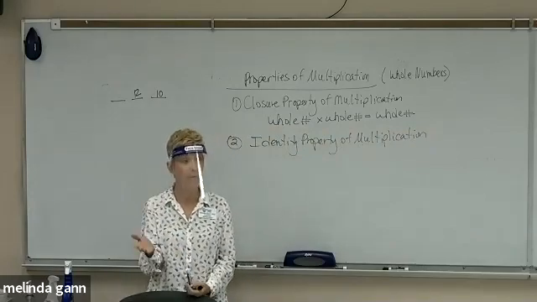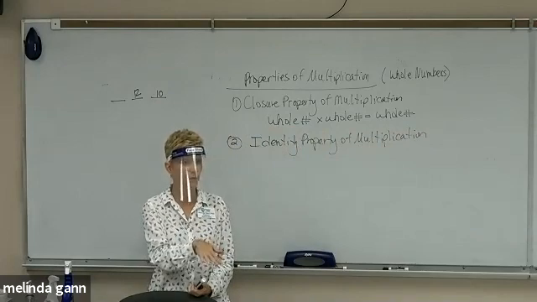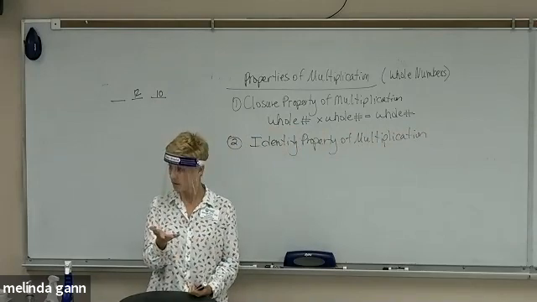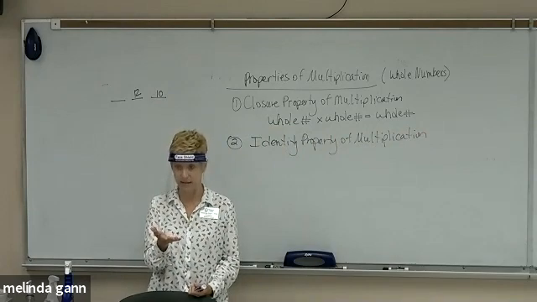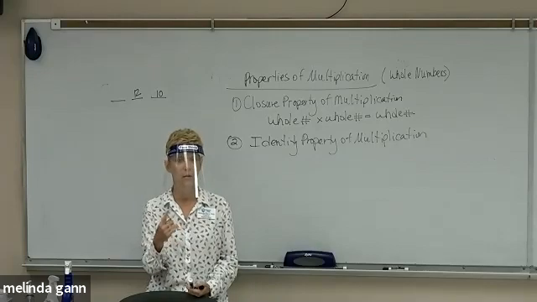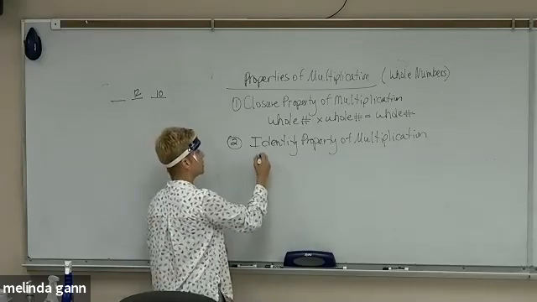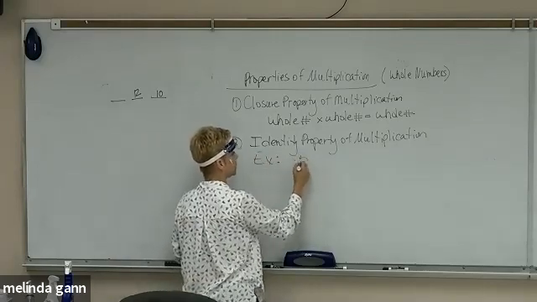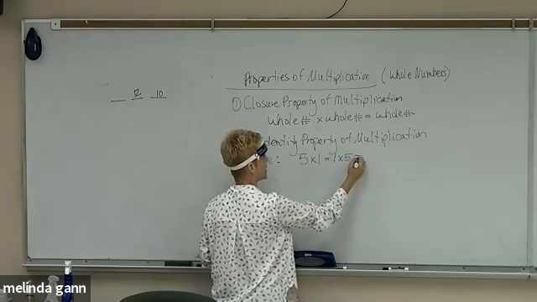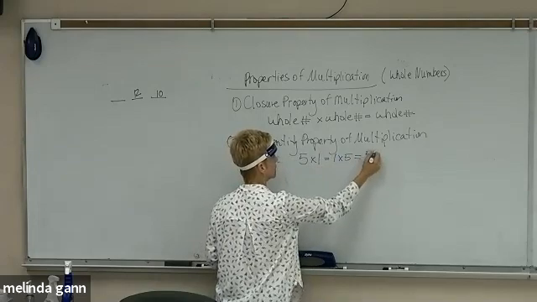So is there a number that you can multiply other numbers by that leaves it the same? Is it 0? Is 0 for addition? What is it? 1. So if you had 5 times 1, or 1 times 5, that answer is still going to be what? 5.